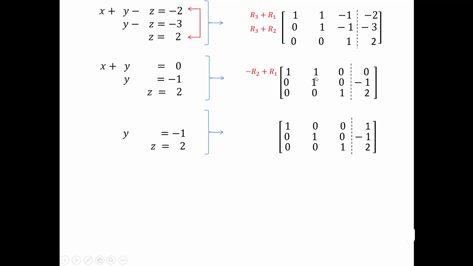Negative 1 plus 1 gives me 0, as it should, because that's why we chose that row operation in the first place. Negative row 2, so negative 0 plus 0 makes this 0. And lastly, negative row 2 plus row 1 means multiply negative 1 times a negative to get 1, add to 0, and I finally get 1.